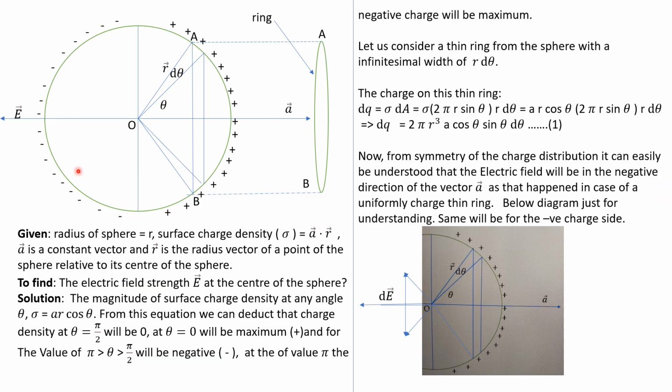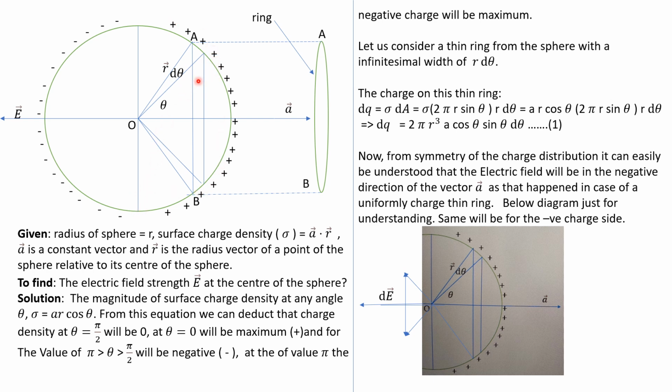In the question, the radius of the sphere is given as r. The charge distribution on the surface complies with the equation a dot r, where a is a constant vector, meaning its magnitude and direction are the same throughout, and r is the radius vector of a point lying on the surface of the sphere.